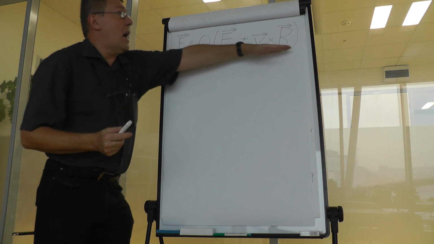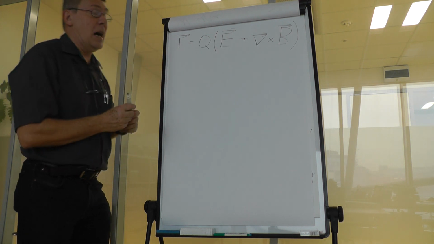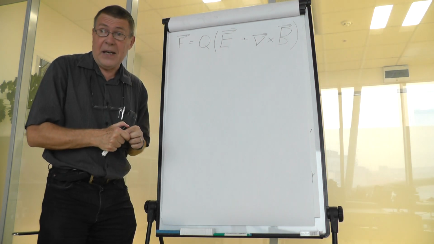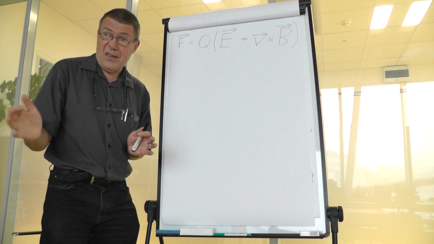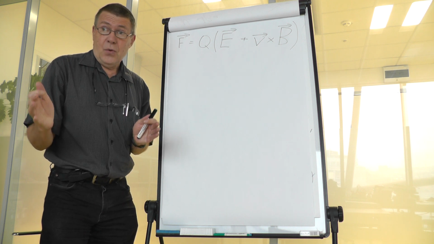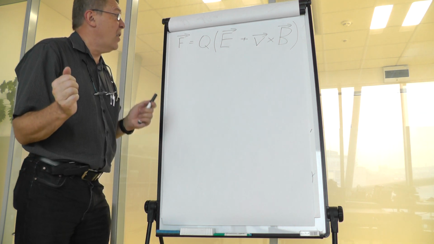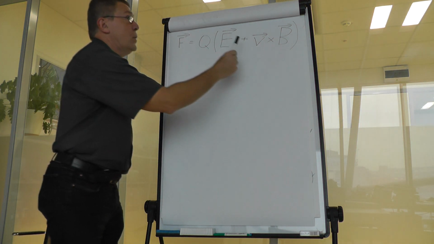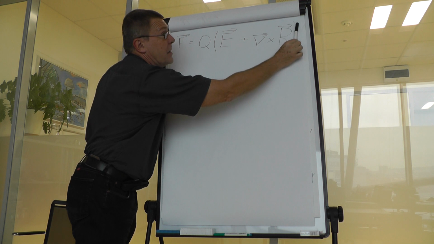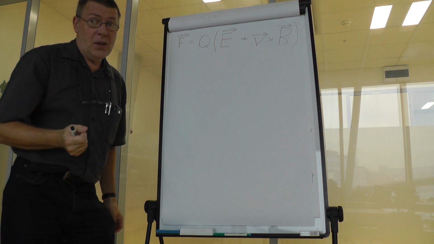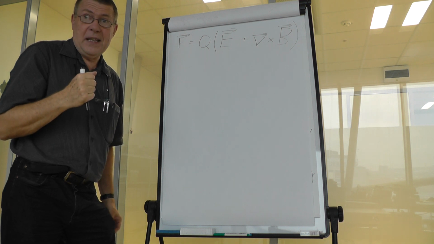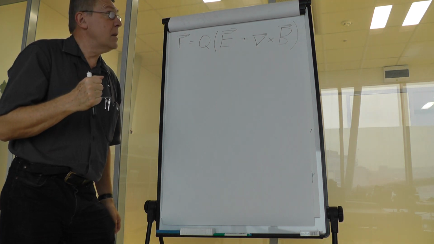Both parts of this equation are used, for example, in colliders. The big collider in CERN uses both parts of this equation. First, it uses the second part to bend the trajectory of moving particles within the collider.